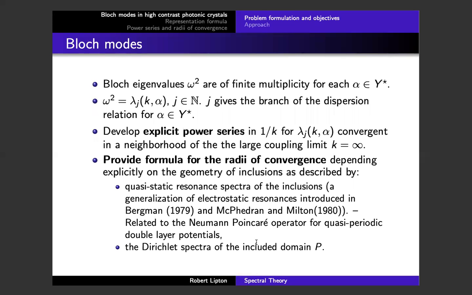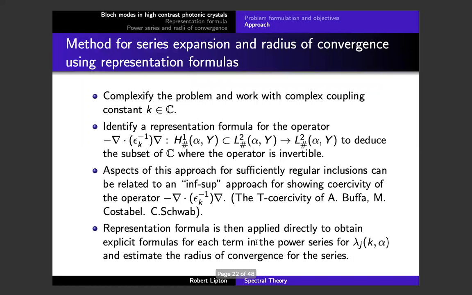And so we develop an explicit power series in 1 over k for these eigenvalues, and provide an explicit formula for the radius of convergence. If we're going to use analyticity and do power series, the best thing to do is complexify, so our coupling constants are in the complex plane.